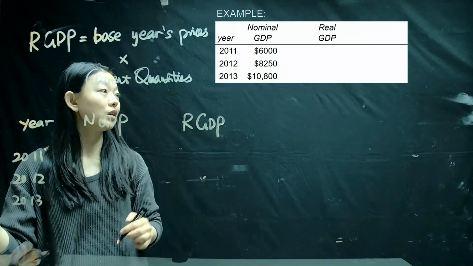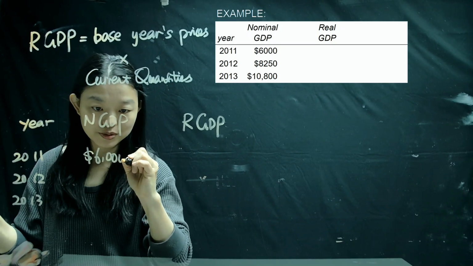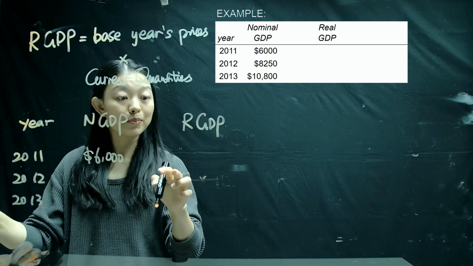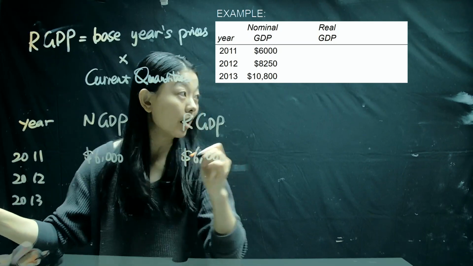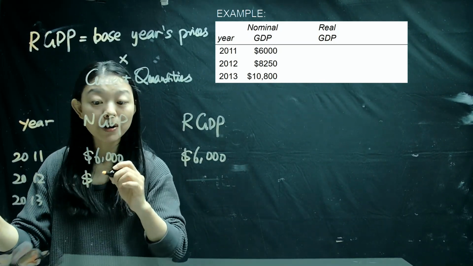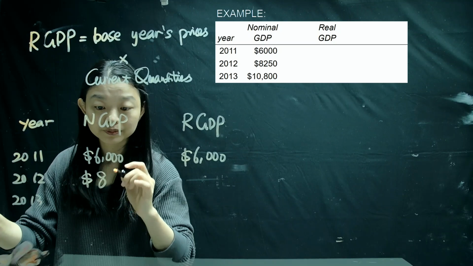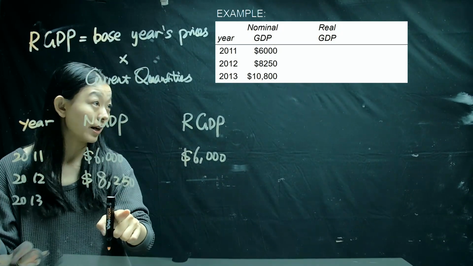So nominal GDP in 2011 is $6,000, right? And as we just computed, we also have the real GDP equal to $6,000. However, in 2012, we have nominal GDP equal to $8,250, right?